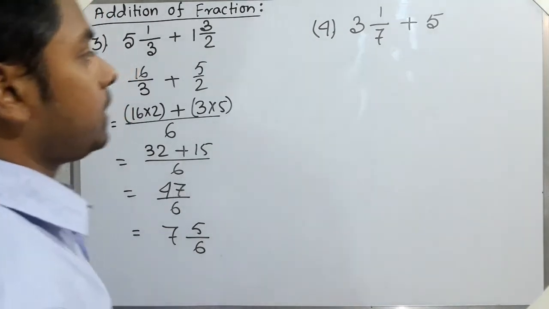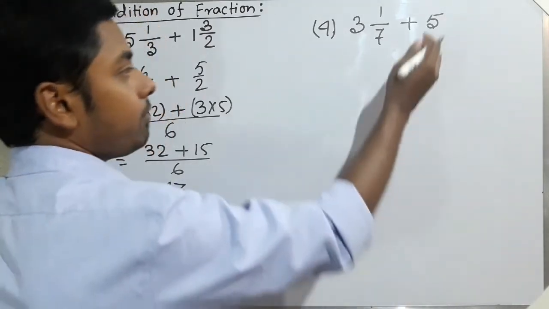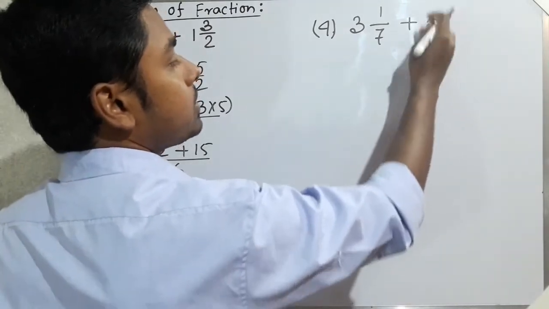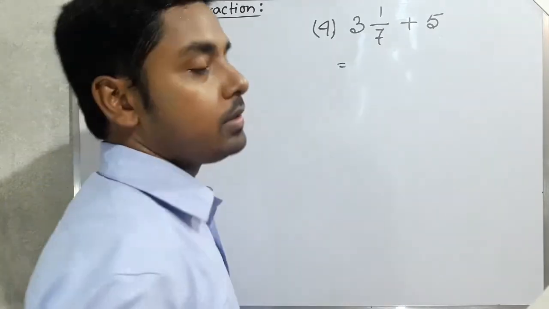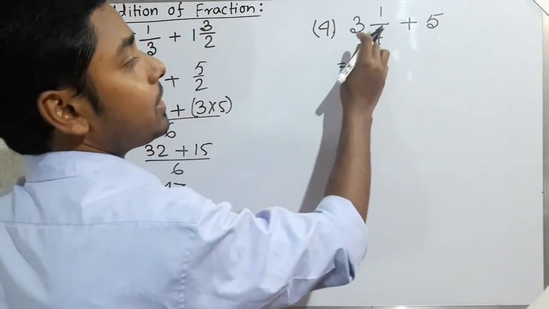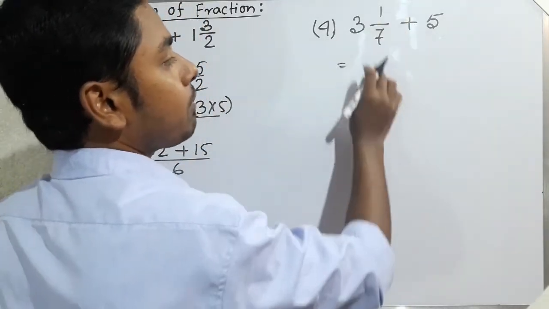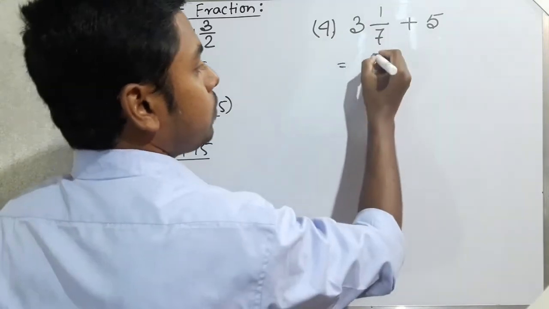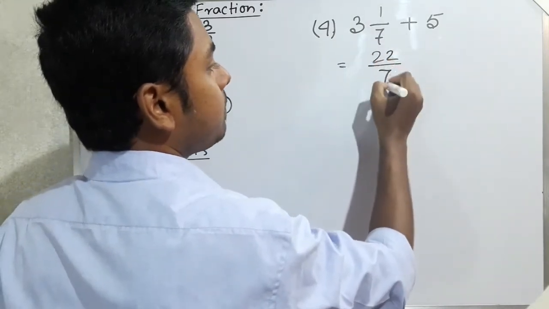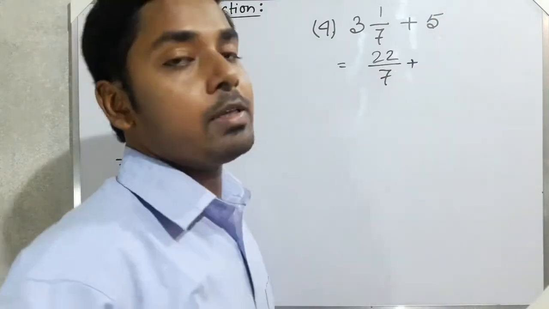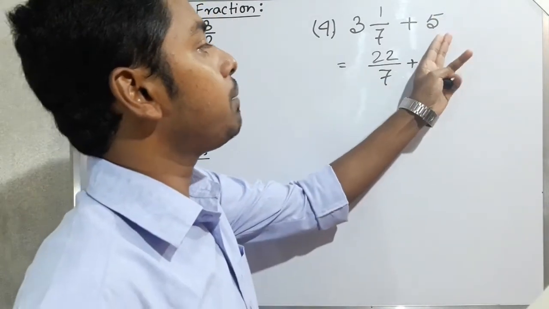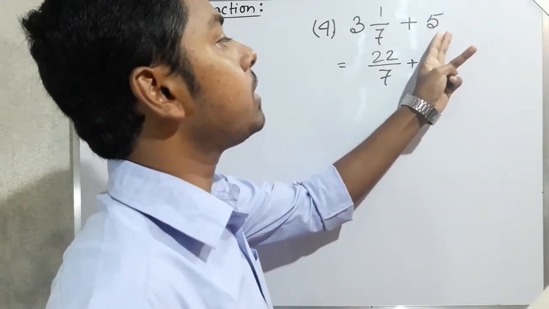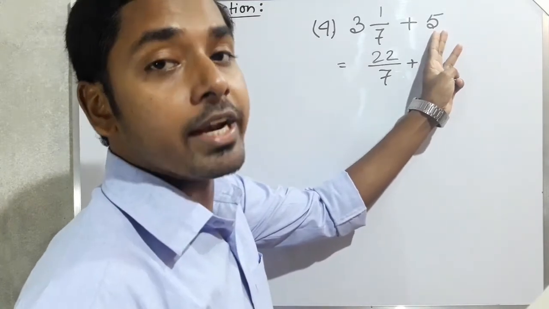Okay, now this question, when you have this type of question where there is a natural number or whole number, what do I have to do? First of all, it's given in mixed fraction, so convert into improper fraction. 7 threes are 21 plus 1, 22 by 7. Now here only 5 is given, so whenever you have this type of number, you have to take it as the numerator.